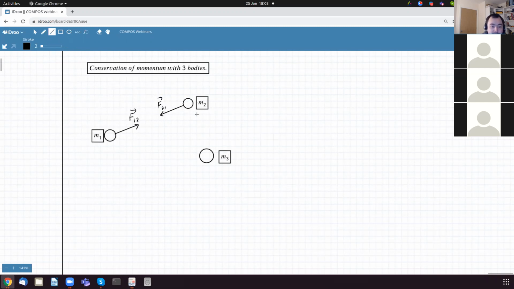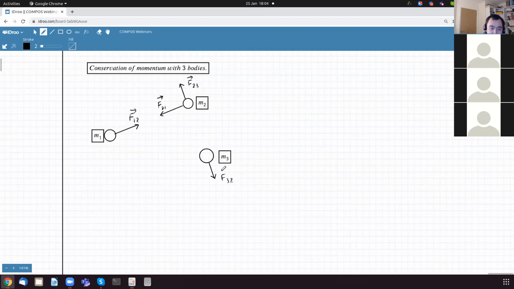In a similar way, we write the interaction between M2 and M3. Let's say M2 and M3 are repelled. Maybe they are colliding. We don't know that, and it doesn't really matter what the nature of that force is. So that's F23. This is the interaction between object 2 and object 3.